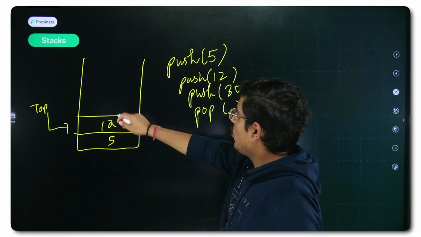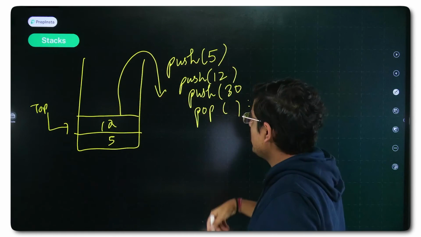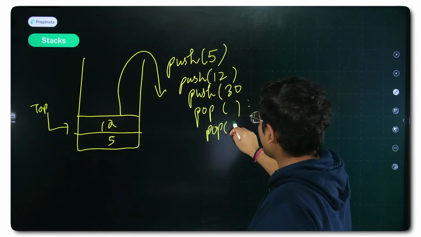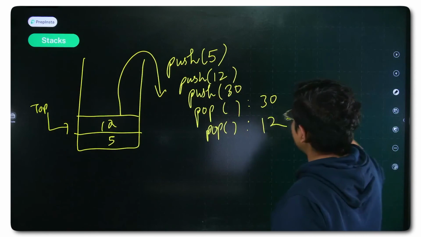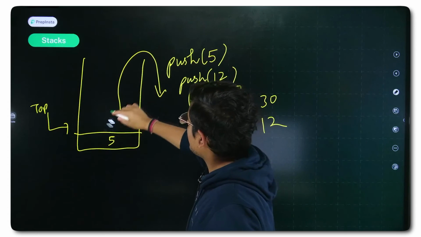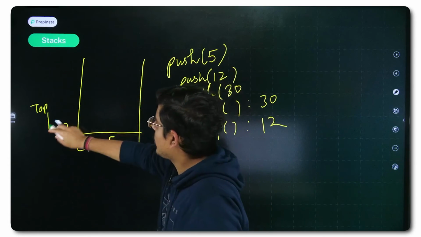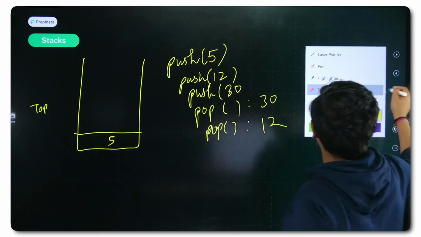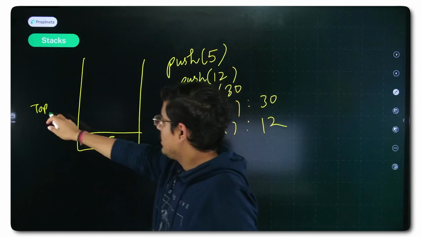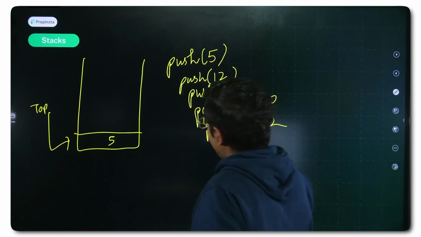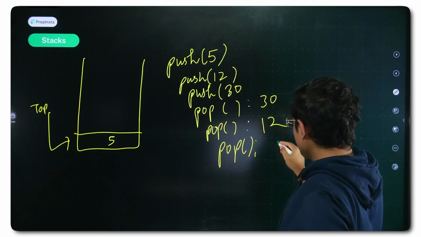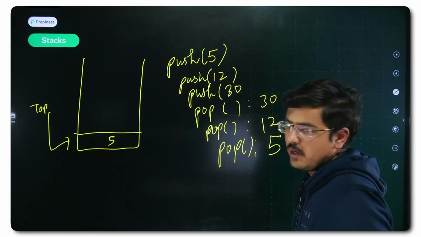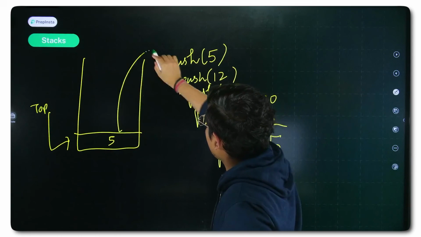Now I do another pop, 12 comes out, and top will now start pointing towards this element. If I do the pop again, 5 will come out of the stack.